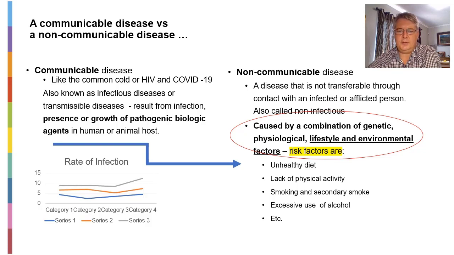For instance, we can look at this one, excessive use of alcohol. Normally it would be quite amusing observing a person that is inebriated, and possibly we might try and help the person.